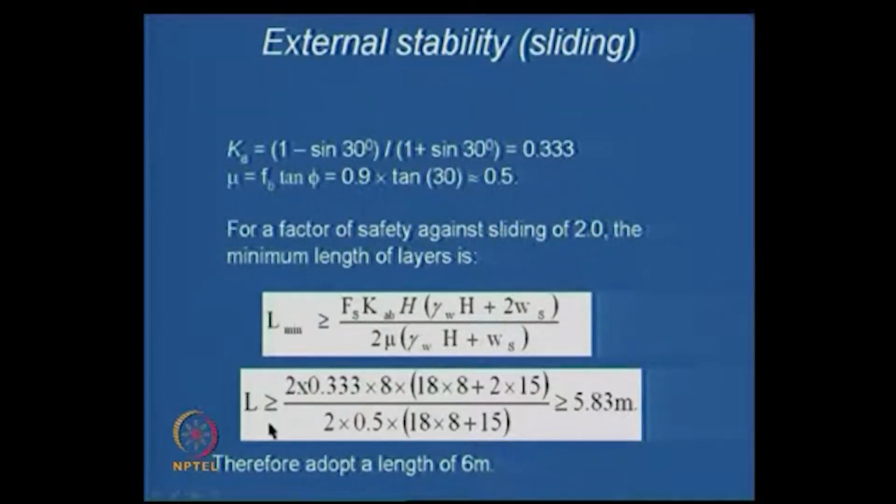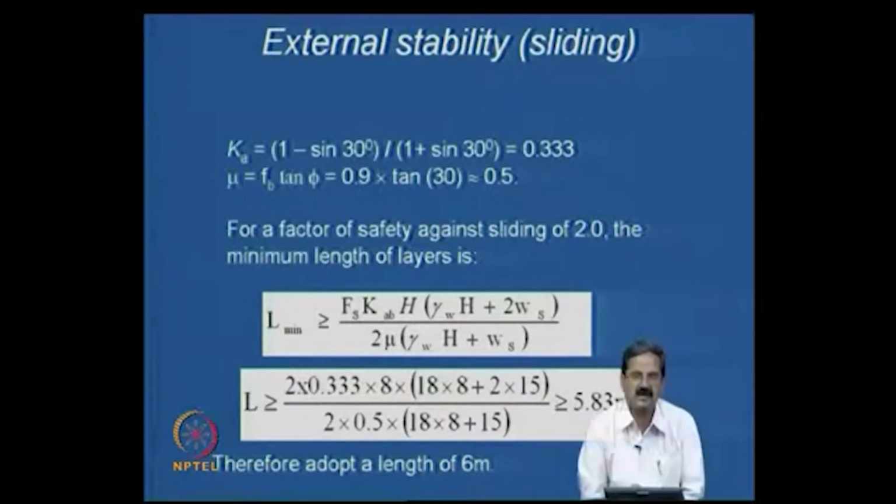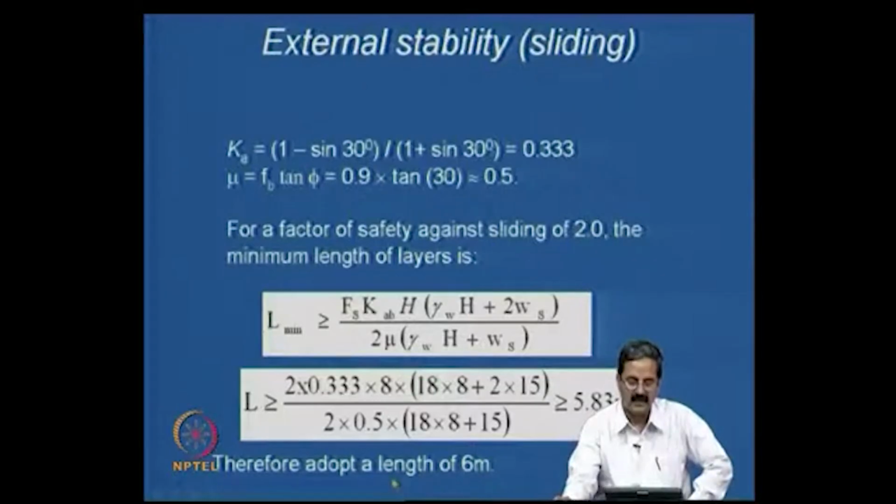You substitute back in the equation, the minimum length required is about 5.83 meters. So, you can take 6 meters. The height of the wall is 8 meters and 6 by 8 is 75%. So, 0.75 H is the length of the reinforcement. Okay. Actually, this is very important, so sliding stability is taken care of.